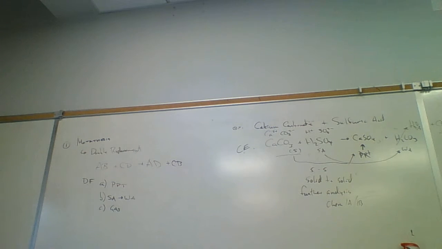Now, does the second hydrogen break off? Well, it depends. If HSO4 minus is a strong acid, the second hydrogen breaks off. If it's not, then it stays on. Is HSO4 minus one of the 7 strong acids? No, this is a weak acid. Weak acids would be the major species here, so I'll leave it like that.